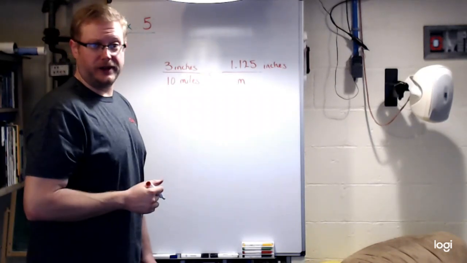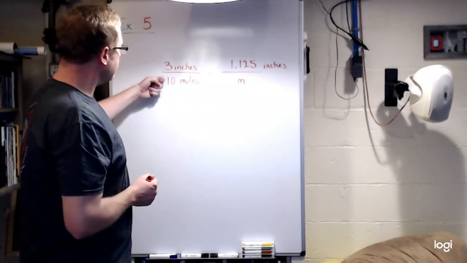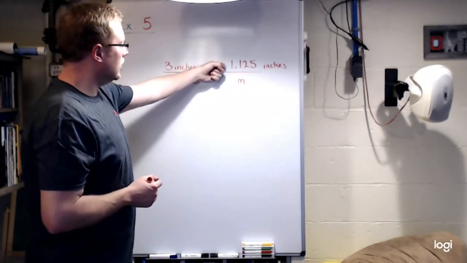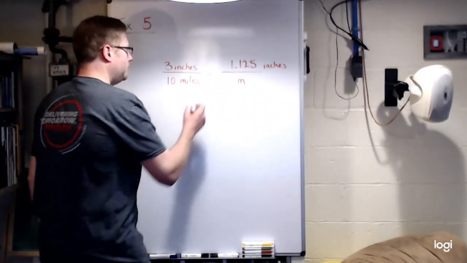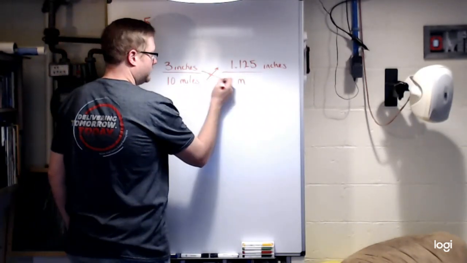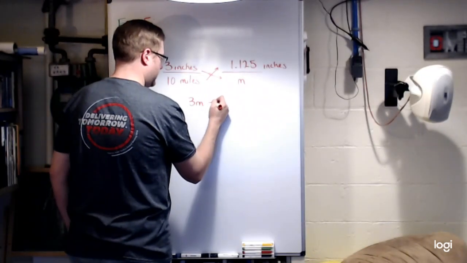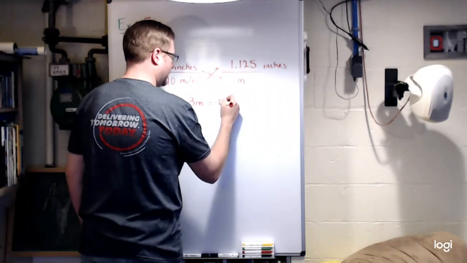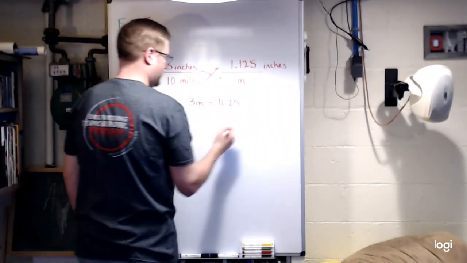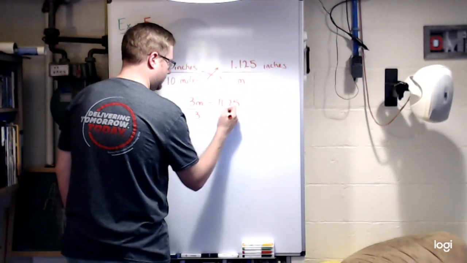Should look nothing different than what we've done already. If 3 inches on the map is 10 miles in real life, then 1.125 inches on a map is m miles in real life. We're going to cross multiply. 3 times m is 3m. 10 times 1.125 is 11.25. We just move the decimal over 1. Divide both sides by 3.